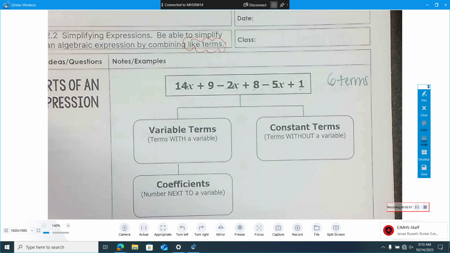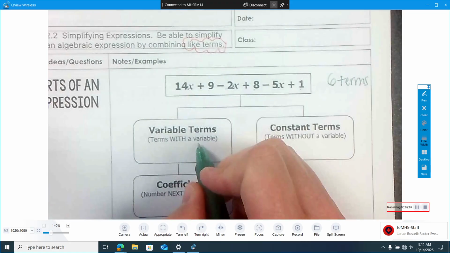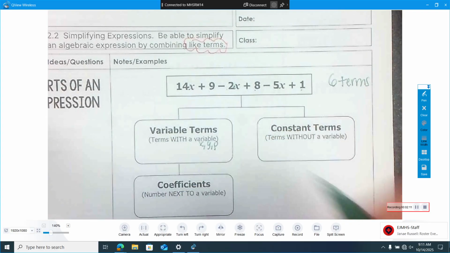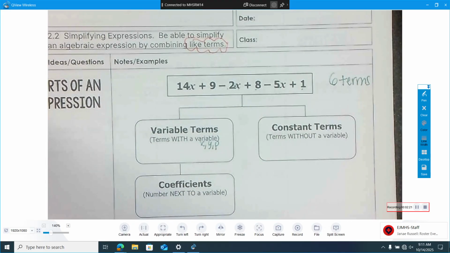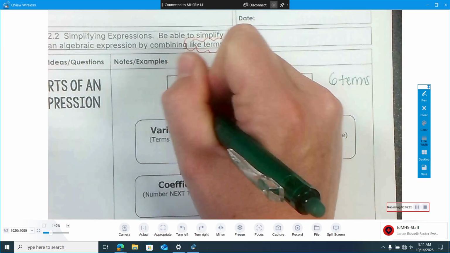Okay, so some of them are called variable terms. Variable terms are terms with a variable. The variable might be x or y or p or q. They're the letters. So if the term has a letter attached to it, then it is called a variable term. So looking in this example, what is one of the variable terms? Yeah, will you circle that?